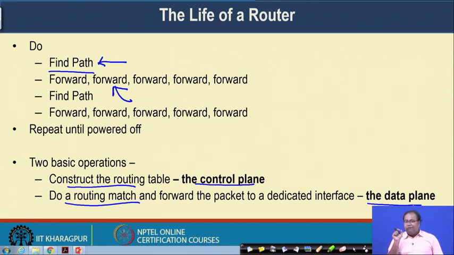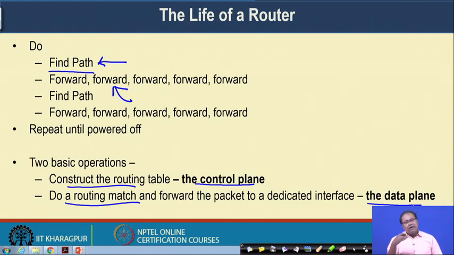So, the frequency of operations in the control plane is comparatively lower compared to the frequency of operations in the data plane or the forwarding plane. Sometimes in some reference books, the data plane is also termed the forwarding plane. In case of the data plane, if you think about a typical router which supports say 100 Gbps of data, and the average packet size is say 1 MB, and you have a link speed of 100 Gbps, you can think of the number of packets the data plane needs to process per second.